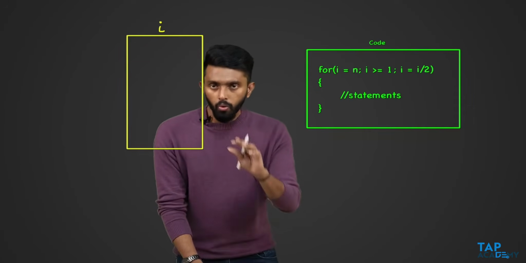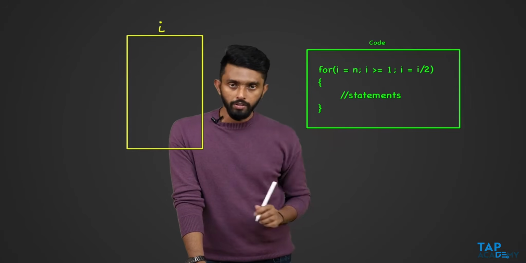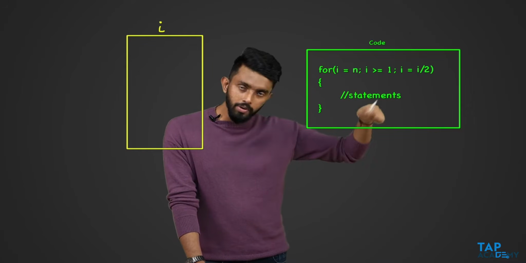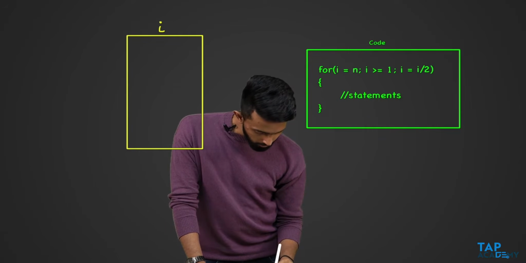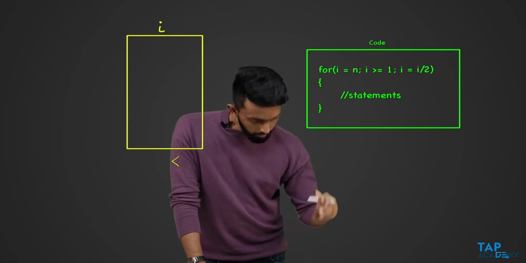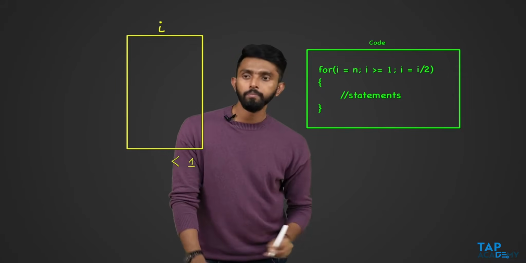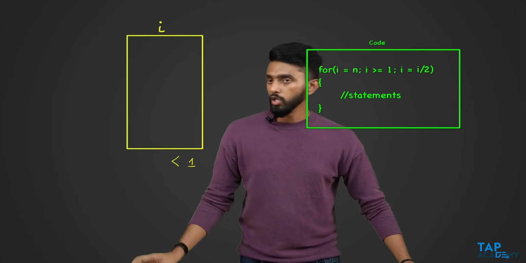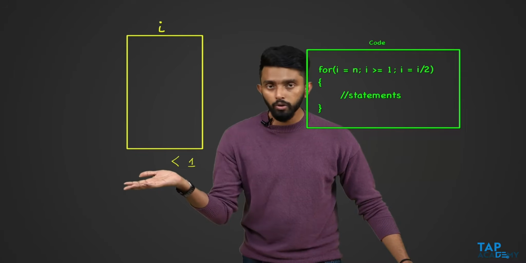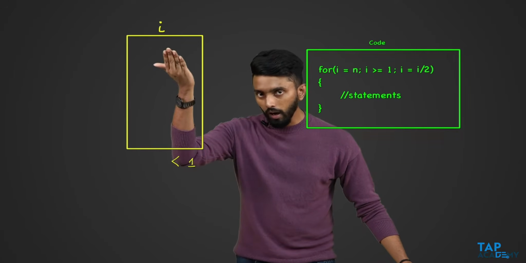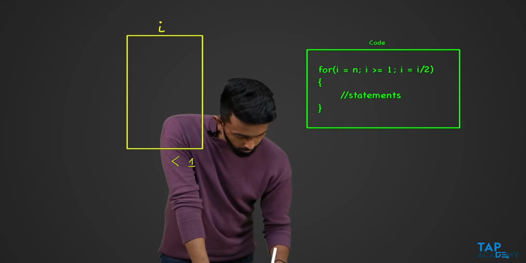Now, would it be fair if I said that this loop is going to execute for as long as this I value is going to be greater than or equal to 1? The moment it becomes less than 1, my loop will stop. So what is that value of I for which it is going to become less than 1? We do not know. But let us see how the I values are going to change, right? So first time the value of I is n.